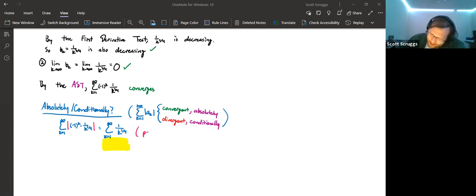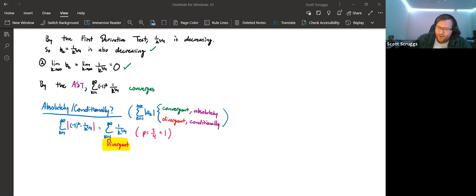This diverges, as Davis mentioned, because it is a p-series. The p is 3/4, which is definitely less than 1. And so by the p-series test, we know that this is a divergent series.